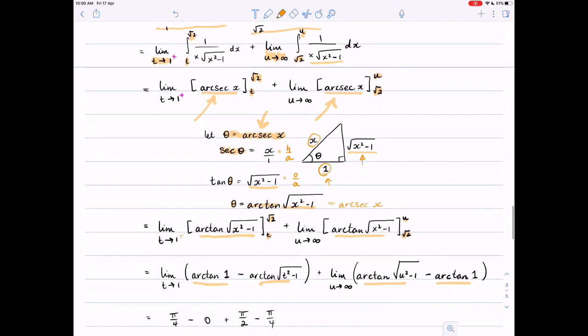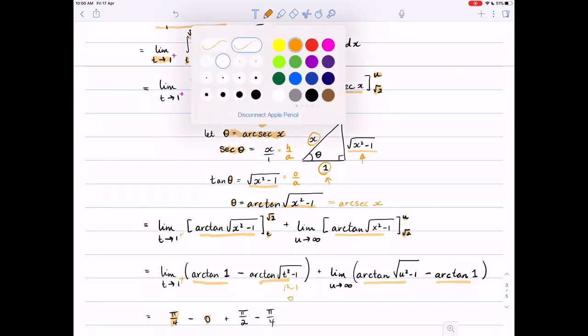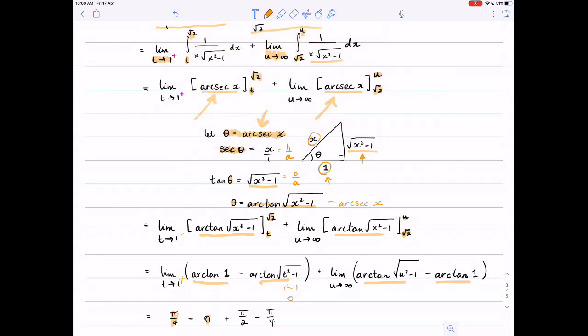Those values are pretty easy to evaluate then, so the arctan of 1 is pi over 4. If I plug in t equal to 1 here, I'm going to get 1 squared minus 1, which is 0. The root of 0 is 0, and the arctan of 0 is, well, 0. Over here, as u is going to infinity, we are going to get the arctan of infinity.